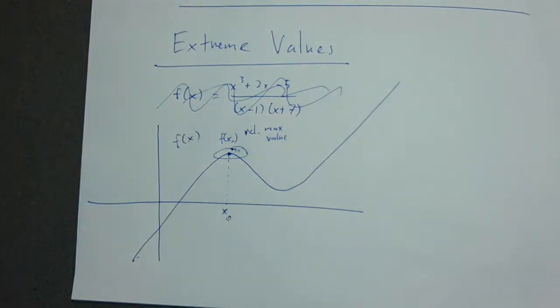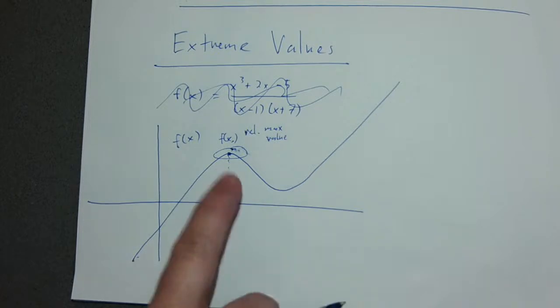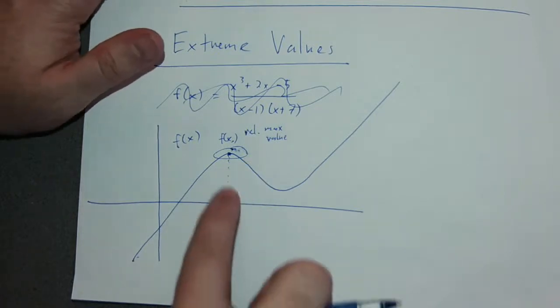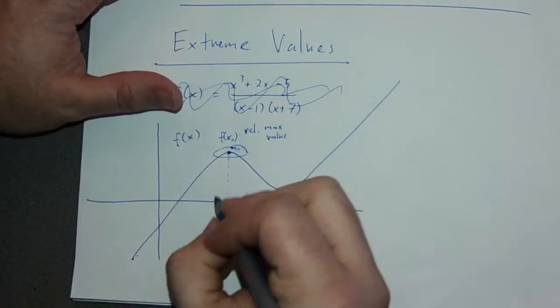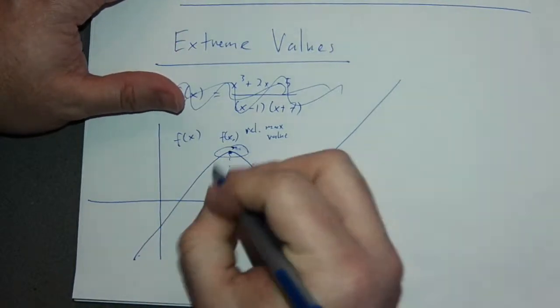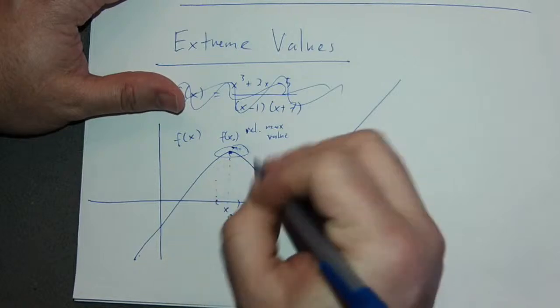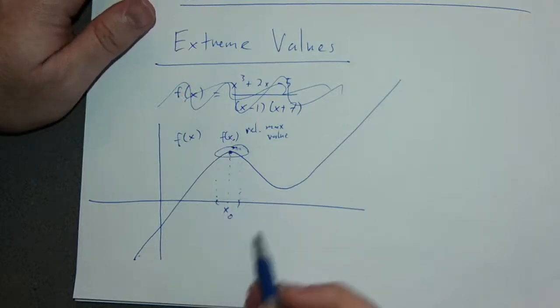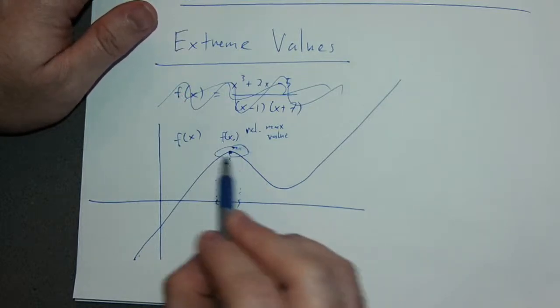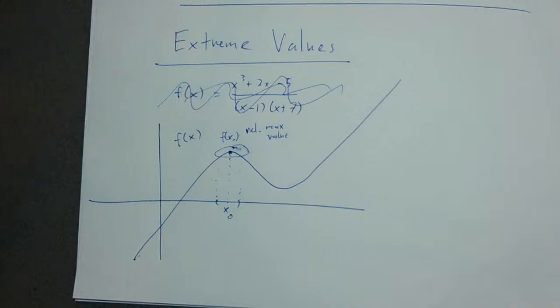What is the idea behind a relative max? The idea is that in some window about this point x naught, if I look closely enough, then at this value my function is higher than at any other point in this window. Another way to say this, instead of relative max value, is a local max.